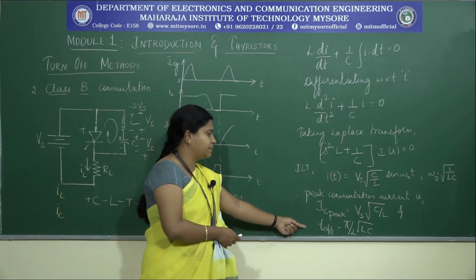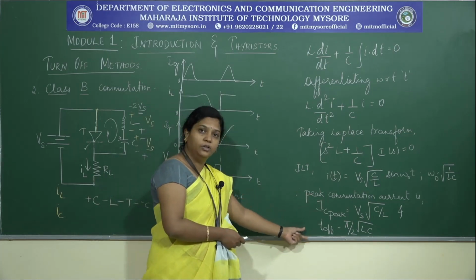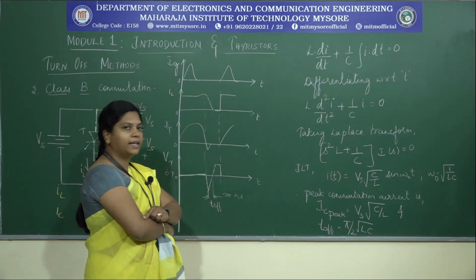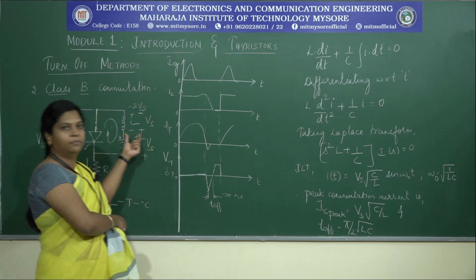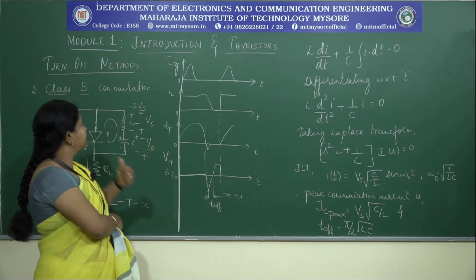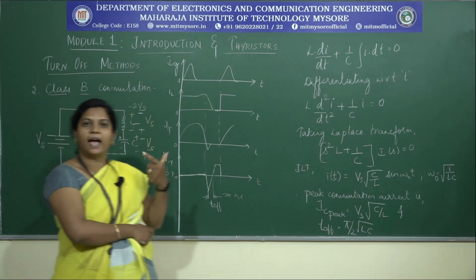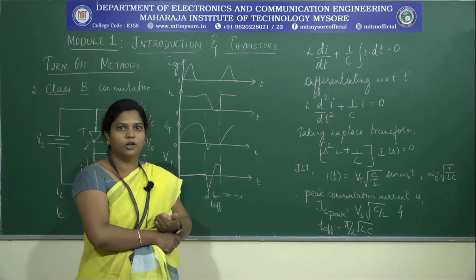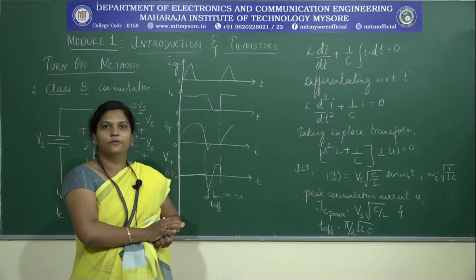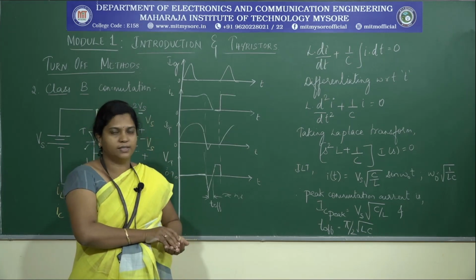These are the expressions used for finding the commutation current as well as the off time from this class B commutation circuit. So, this completes the class A and class B turn off methods of thyristors. Next, we will discuss a few problems related to this module.